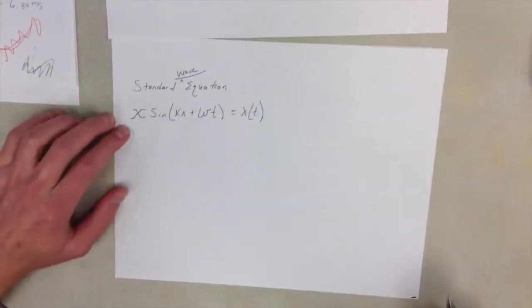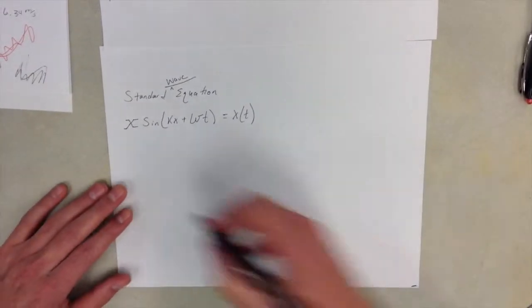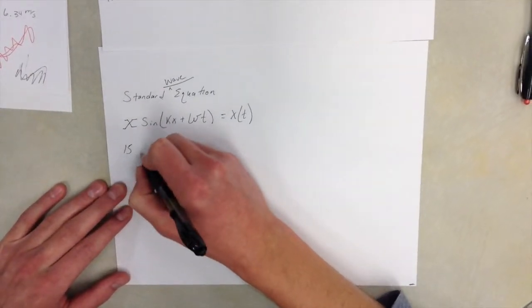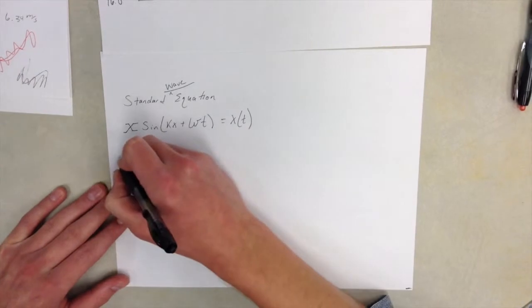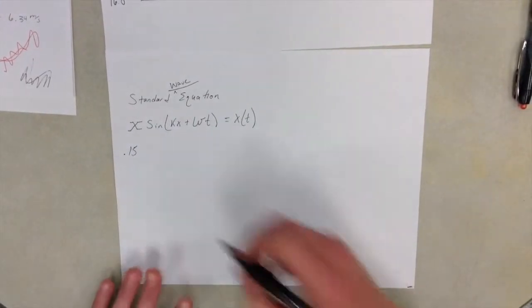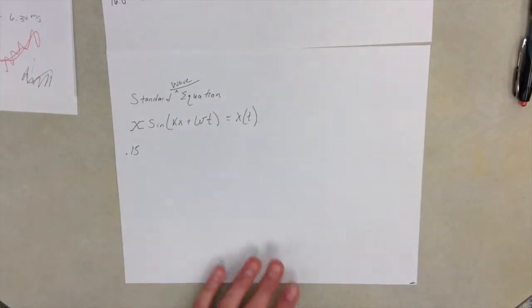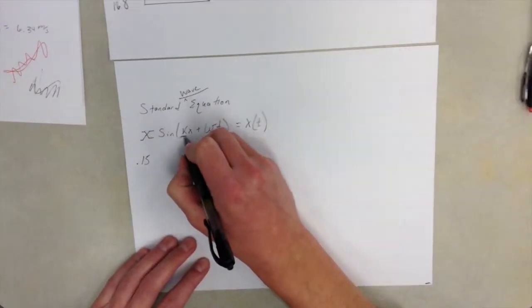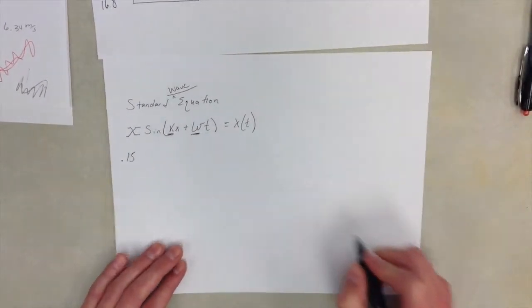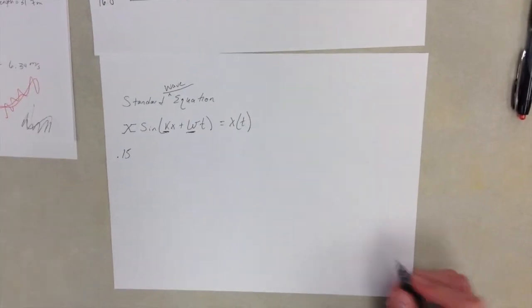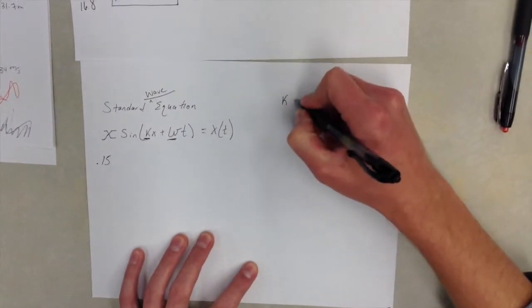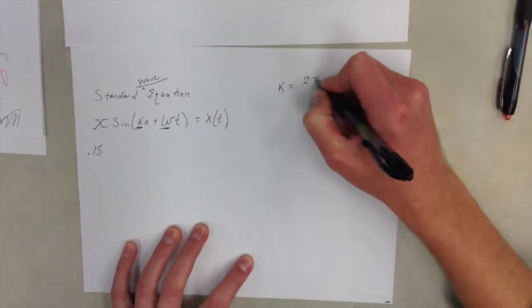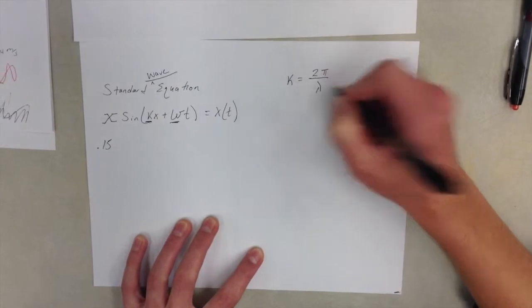So we have our amplitude already, which we previously found. So that was 15 centimeters. So we're going to have 0.15 meters there. And now we have to calculate k, and we have to calculate omega. So in order to find k, we know the equation that k is equal to 2 pi over lambda.